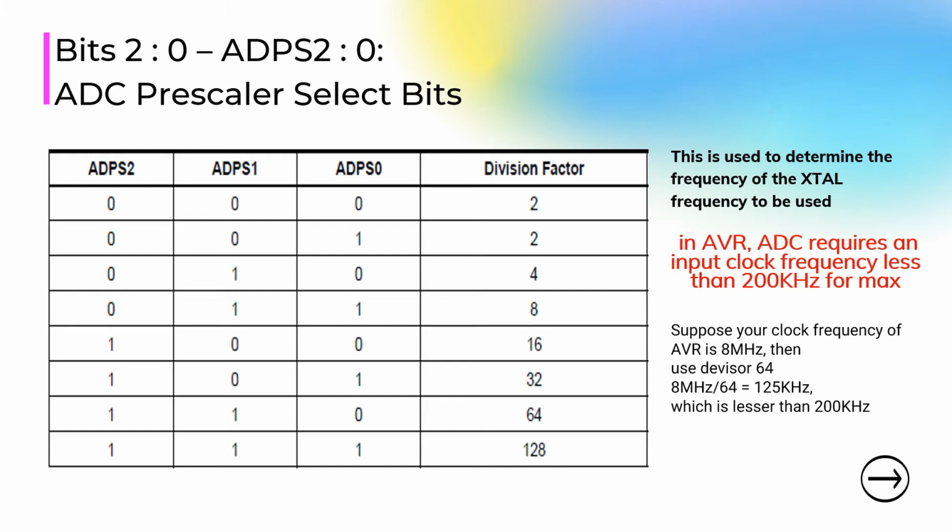But we can't use the 32 divisor because it will give something around 250 kilohertz, which is higher than the adequate frequency. So it depends on the external clock frequency which you use, and also the conversion rates which you need. So make sure the prescaler bits are selected in order to keep the ADC frequency below 200 kilohertz.